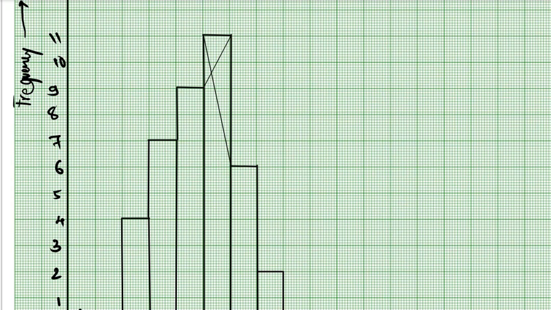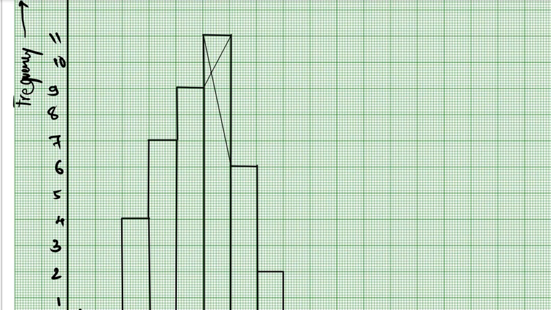Okay, cool. So you understand, right? You have to take the highest tower and then draw two lines from the upper limit to the preceding upper limit and from the lower limit to the succeeding lower limit. Now, as you can see, these two lines intersect at one point. That point is right over here. So this is the point, right?